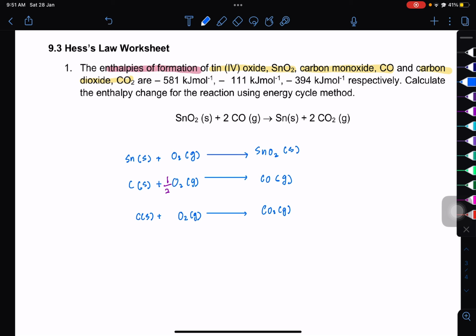They give the delta H of formation for each.